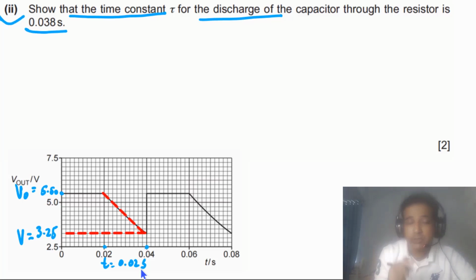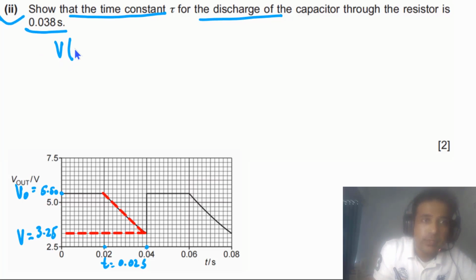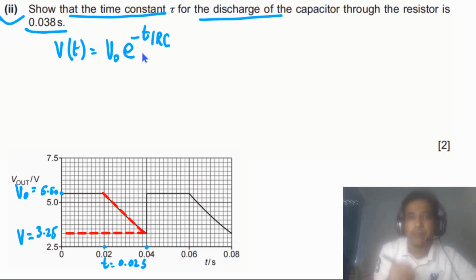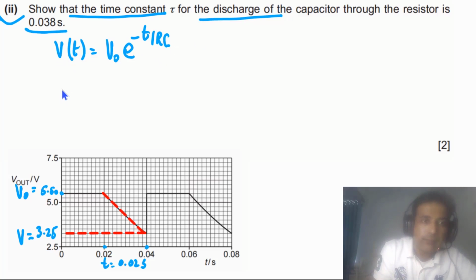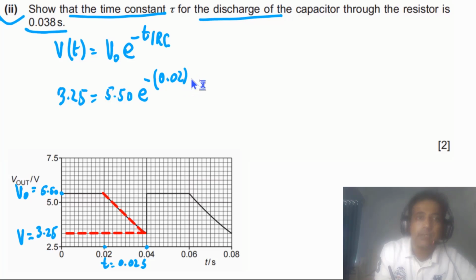So we are talking about discharging of the capacitor. We need to understand V as a function of time is equal to V naught e to the power of minus t divided by RC. RC is the time constant. For V at time t we have the value 3.25, meaning the value of PD across the capacitor after time 0.02 second is equal to 3.25, and the initial value of PD is 5.50. So here we have e to the power of minus t, and t is 0.02 seconds, divided by RC.